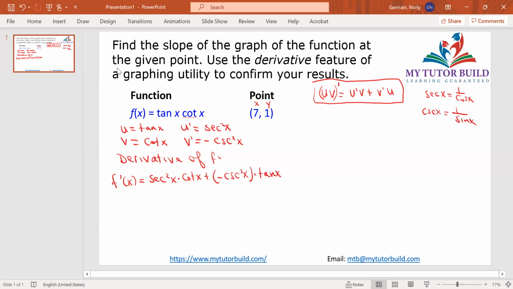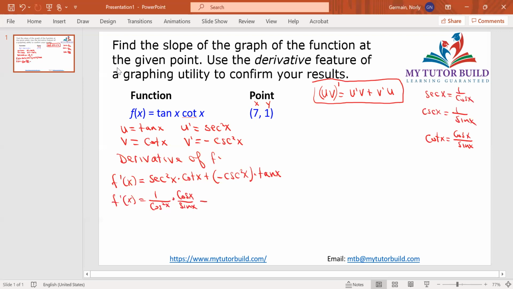So when I see secant square x, I can rewrite it as 1 over cosine square x, times cotangent. What is cotangent in terms of sine and cosine? Cotangent x is cosine x over sine x. This is the trigonometric identity for cotangent.